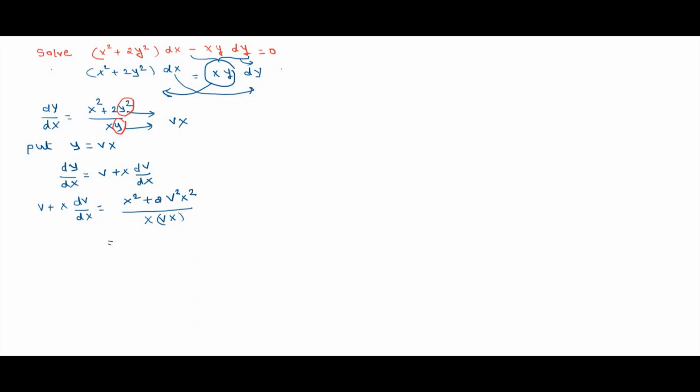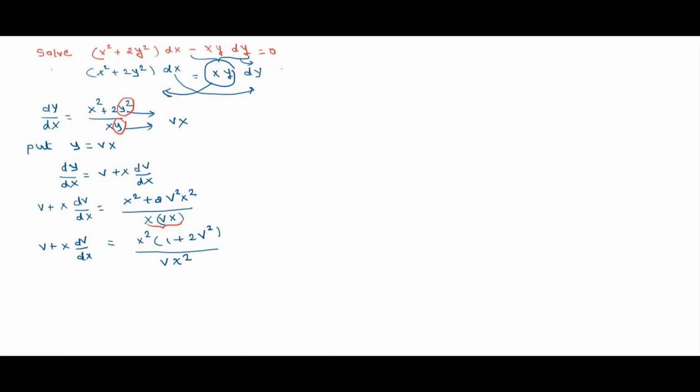So this is equal to v plus x into dv divided by dx. x square you can take common, then write down the remaining terms. The remaining terms are 1 plus 2v square divided by this x into vx. This x into vx we can write as vx square.